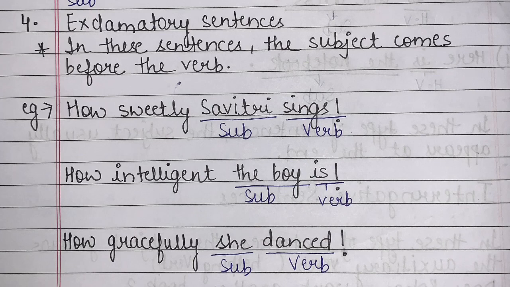And what does the rule say? The rule says that my subject comes before the verb. So if sings is my verb, what should be my subject? What do I have before my verb? Yes, Savitri. This is the name of a person. So it means that Savitri is my subject and sings is my verb, right?